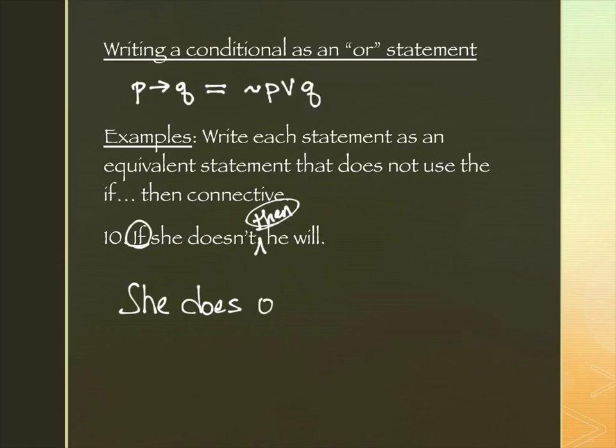Or. And what do I do with the last statement? Keep it the same. So it will be he will. She does or he will. That is the equivalent statement, right? Either she's going to or he's going to. That's what it's saying, which is exactly what we were saying in the if-then statement before.